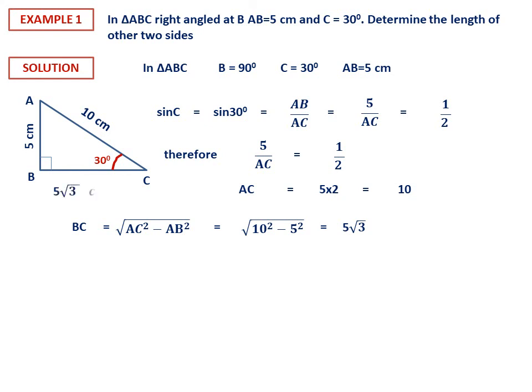Square root of 75 is 5 root 3. Therefore, the third side is 5 root 3 centimeter. So, you can write like this: AC equal to 10 centimeter, that is the hypotenuse, and the base is 5 root 3 centimeter. Of course, you have to write the unit, centimeter. So, this is the first example.